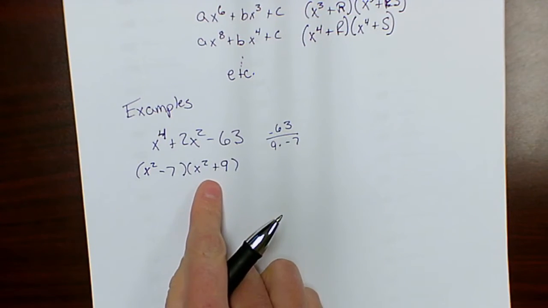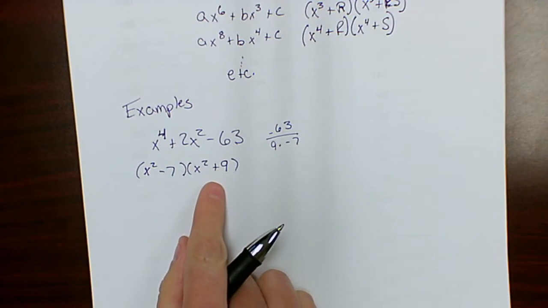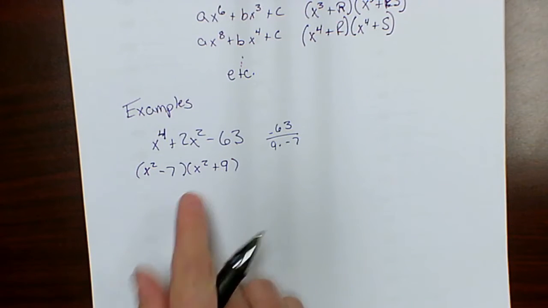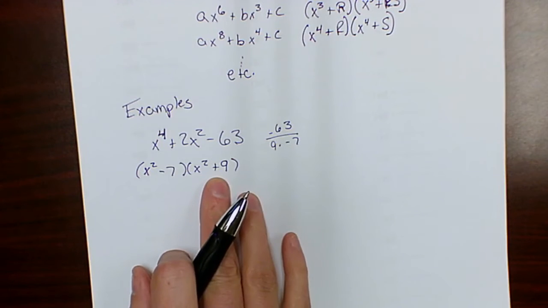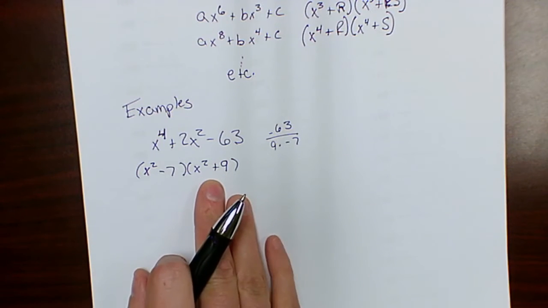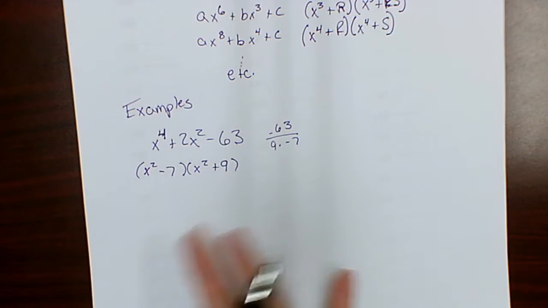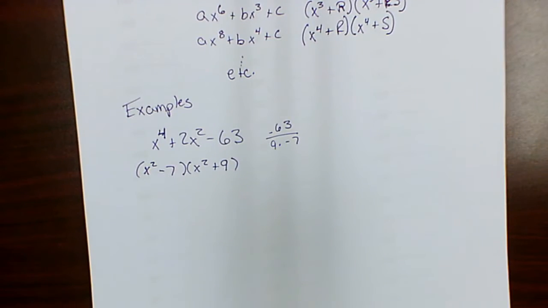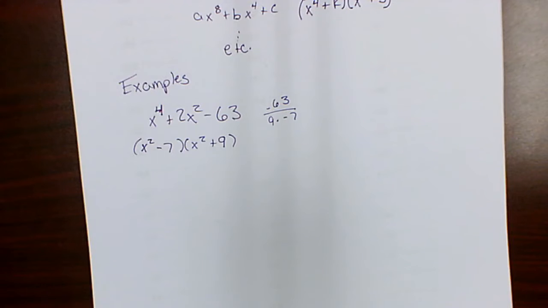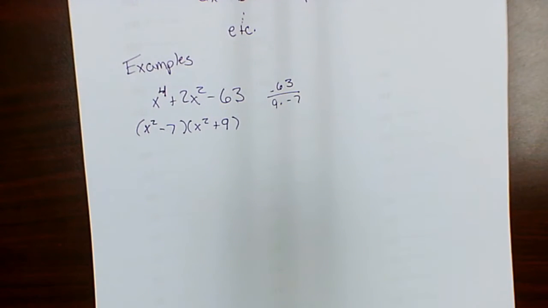This cannot be factored. Well, it technically can be factored if you wanted to use the i's, but in this case we will leave that one alone. We won't get into the i's until we start solving for these. Right now we are just factoring.